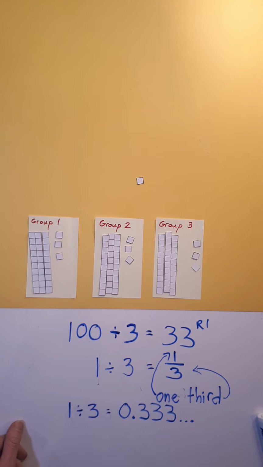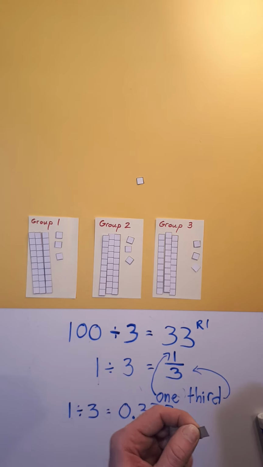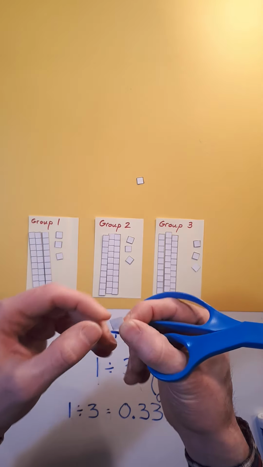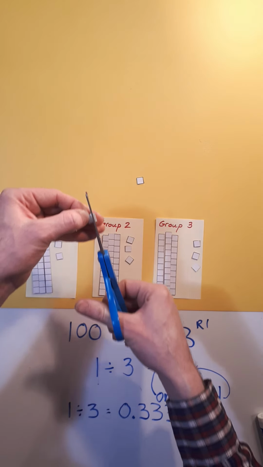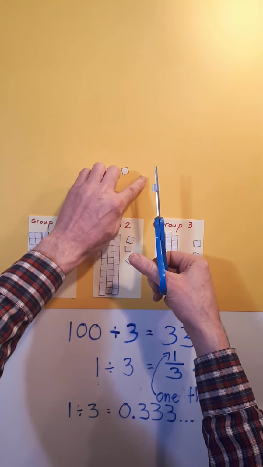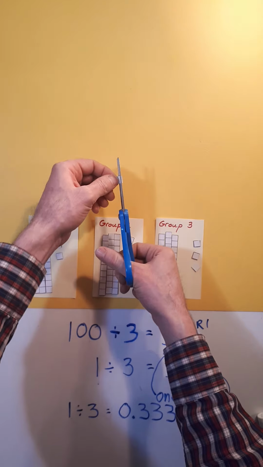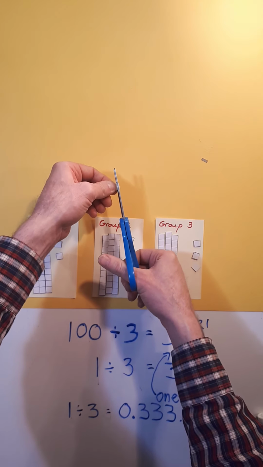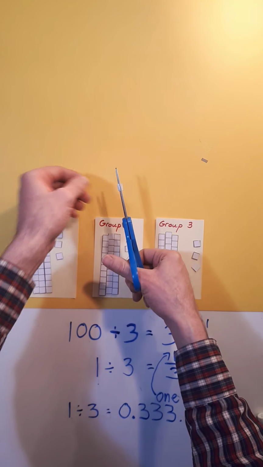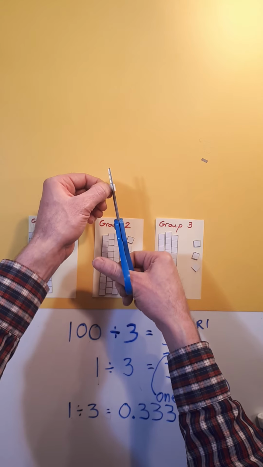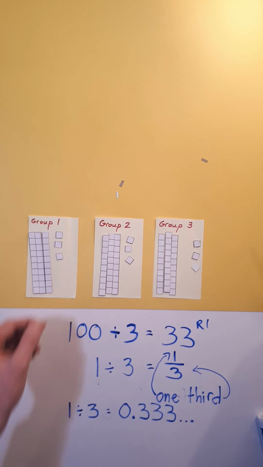So what we can do then is we can imagine that we're actually going to cut up one of these blocks, and I'm going to do my best to cut it evenly into 3 different pieces. So I'm going to trade this single block out for, whoop. Be very careful when you're using scissors. Always keep those fingers as far from the blades as you can.